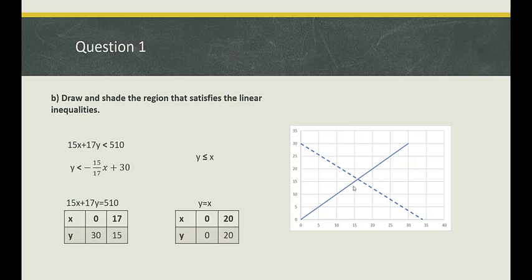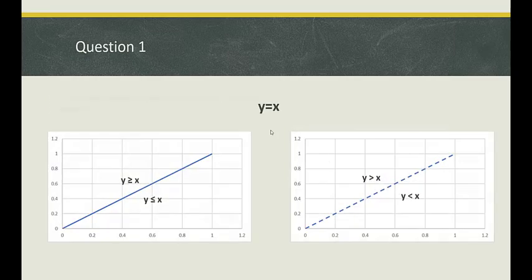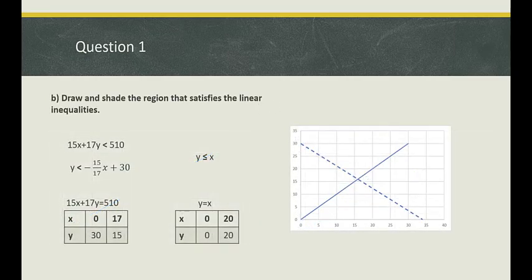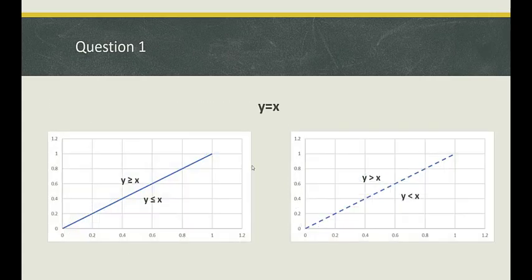Besides that, there is something useful I need to take note of. As you see, why is this line here dotted, while this is a whole, completed line? In this case, we're talking about y being more than or equal to, and less than or equal to. When we're dealing with an inequality with greater than or equal to or smaller than or equal to, our line is a whole straight line, not a dotted line.